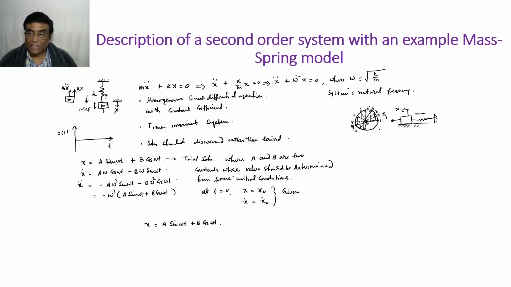That is why it is called circular frequency, and its unit is radian per second. That means how much angle the particle subtends in a particular time. So that's the circular speed of the particle. We call it circular frequency, with unit radian per second. It's not hertz, because it is omega.